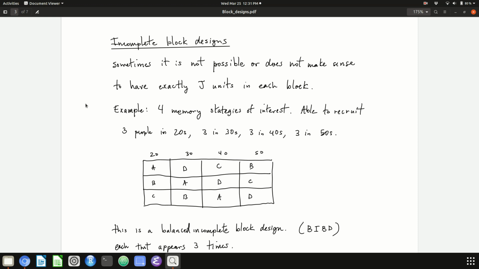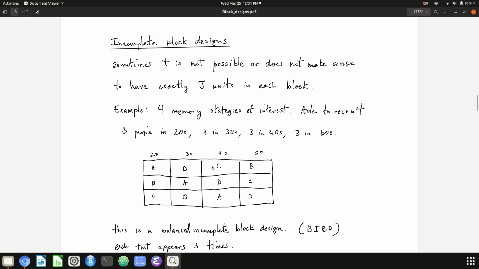The way you pick your blocks is you place the 3 subjects in their 20s in the first block, the 3 subjects in their 30s in the second block, 40s in the third block, 50s in the fourth block. And here the units are individual people because you can assign exactly one memory strategy to each person.